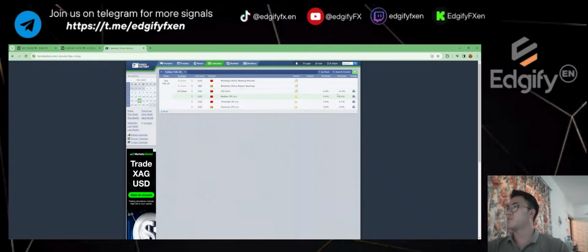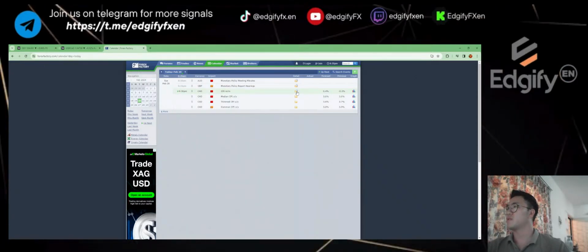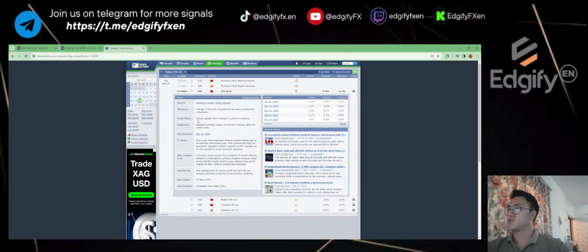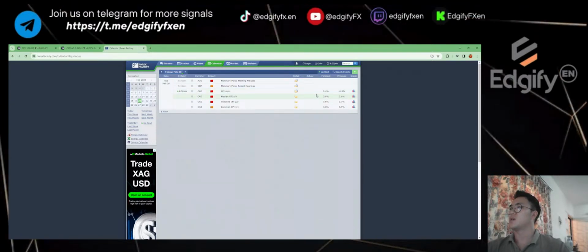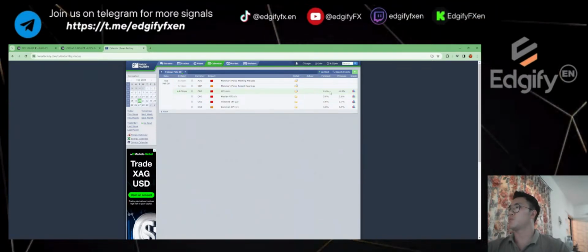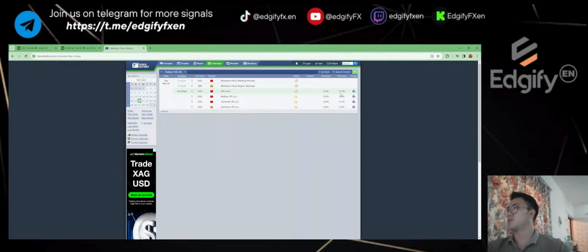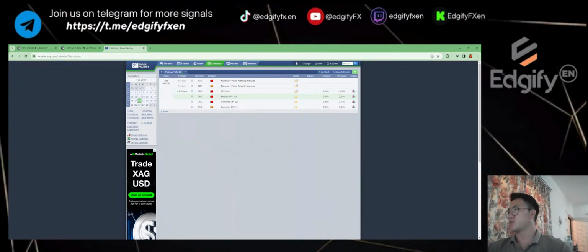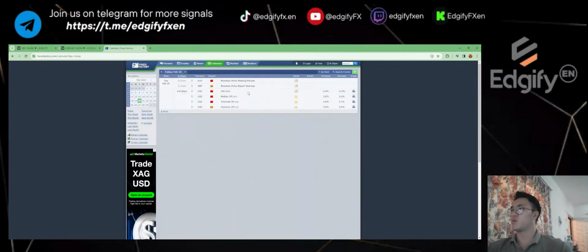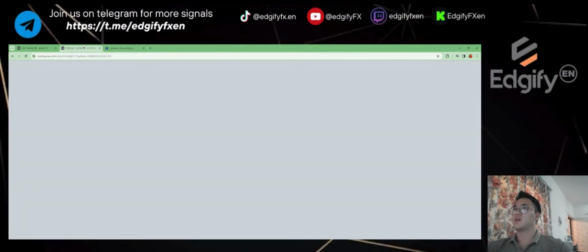Previous was negative 0.3, the forecast is 0.4, so the effect is actual greater than forecast is going to be good for currency. So what I see here is basically 0.4 is definitely going to be better than the previous. If the actual comes out anything higher than negative 0.3, if it's negative 0.2 or negative 0.1, it's still going to be good for the Canadian.